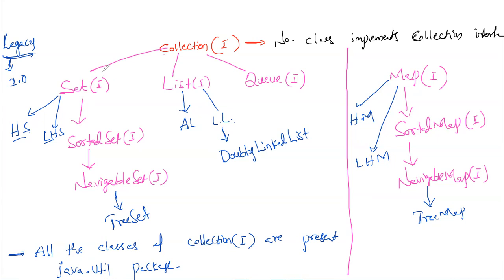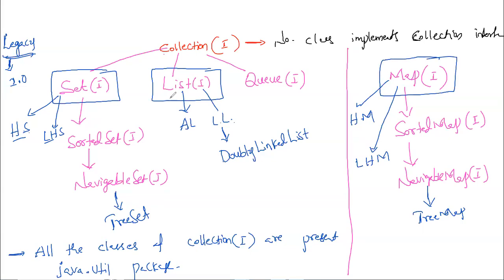Today we will understand the purpose of these multiple interfaces, more importantly Set, List and Map. What are their properties and how do we use them?